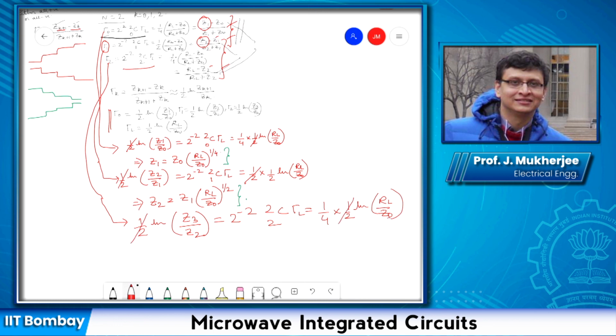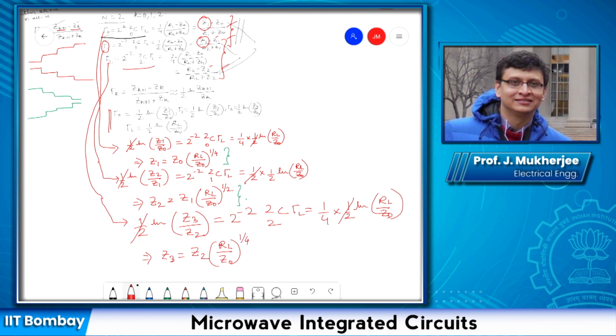This cancels. So from this we have the expression Z3 is equal to Z2 times RL upon Z0 raised to power 4.